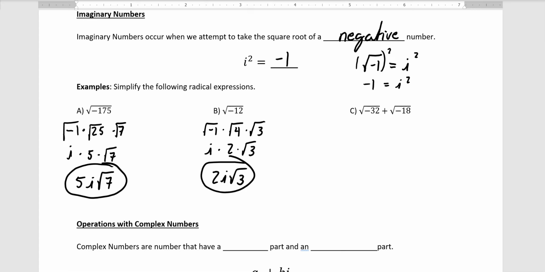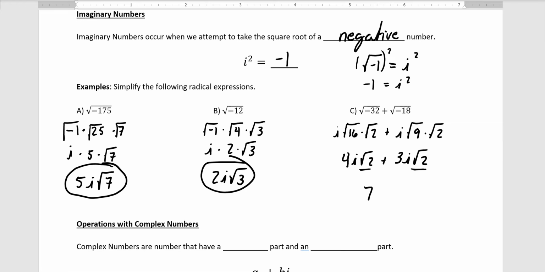For negative 32, I'd have i times the square root of 16 times the square root of 2, plus i times the square root of 9 times the square root of 2. This becomes 4i root 2 plus 3i root 2. We can combine these because we have the same radical, so this becomes 7i root 2.